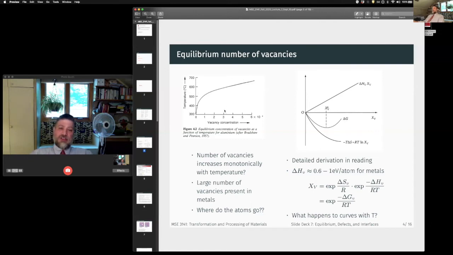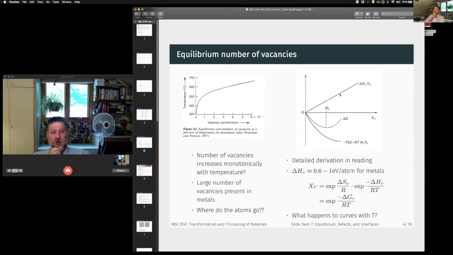And if we have a temperature-dependent vacancy concentration, there's a thermodynamic driving force for their creation. Well, what is it? Essentially, the enthalpy of formation is relatively independent of temperature.